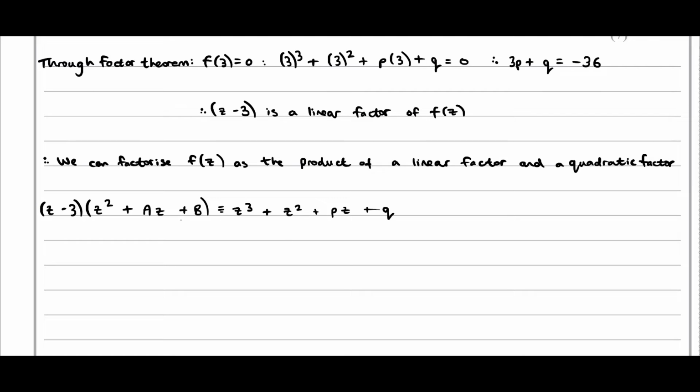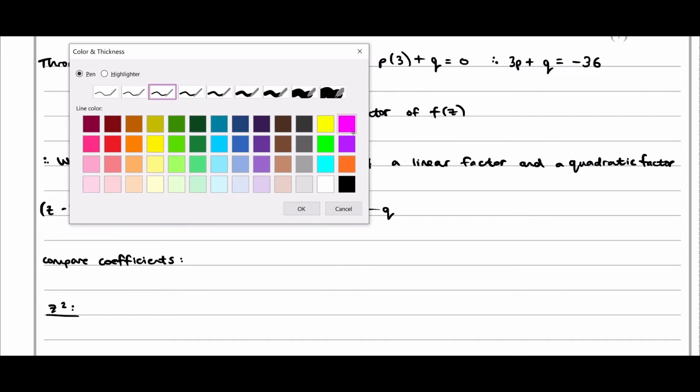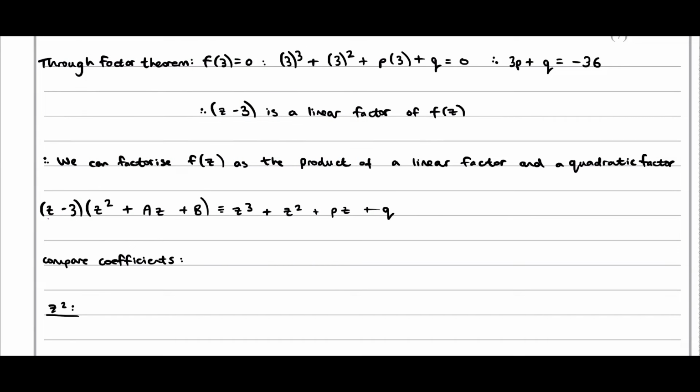We can find out the values of a and b in terms of p and q by comparing coefficients. So now compare coefficients. And if we do so, if we compare the z squared, on the left hand side, if I grab a different colour, z times by az gives a z squared term.